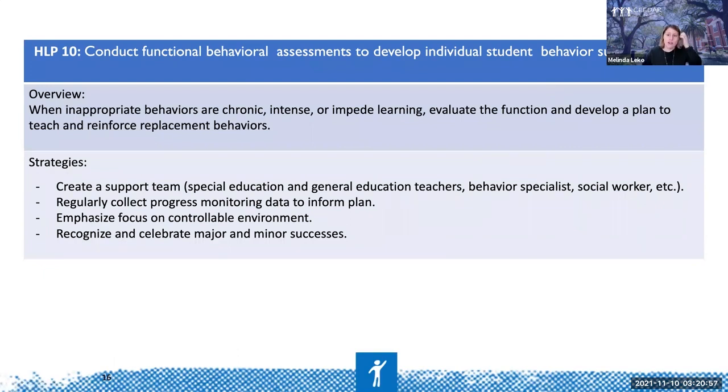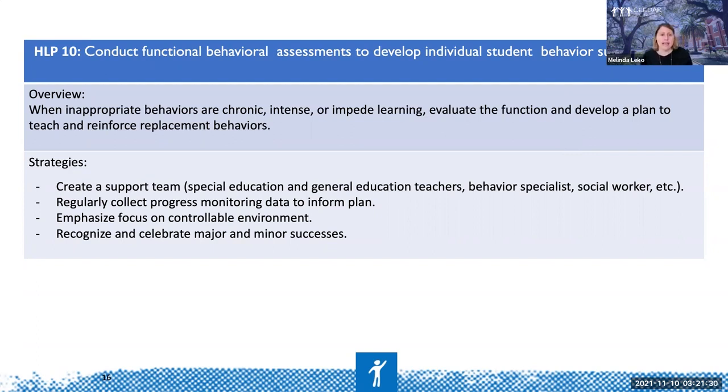And the broad idea here is that when a student has inappropriate behaviors that are chronic, intense, and really impeding learning, you want to approach this from a functional standpoint, where you're evaluating the function of the behavior and developing a plan to teach and reinforce replacement behaviors. So rather than running in the hallway, what would be a better behavior to engage in and then reinforce that?